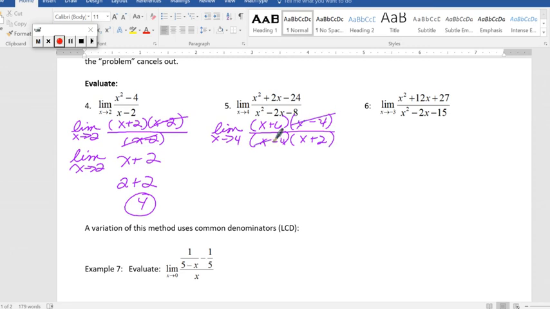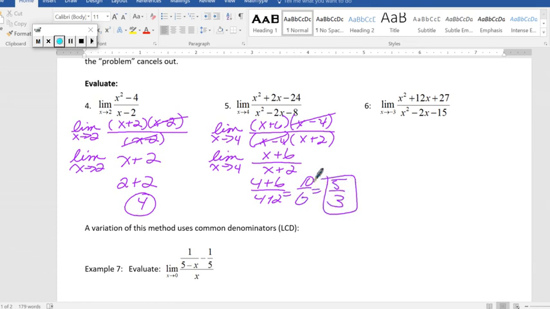The x minus 4 factors will cancel, leaving me with the limit as x approaches 4 of x plus 6 over x plus 2. Now I can substitute my 4 in. When I do that, we drop our limit notation. I'm looking at 4 plus 6 over 4 plus 2, which is 10 over 6, which reduces to 5 over 3.